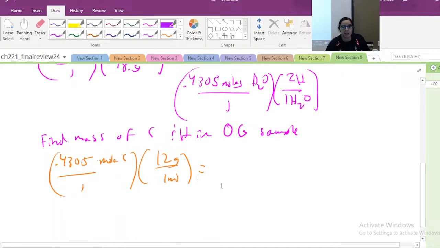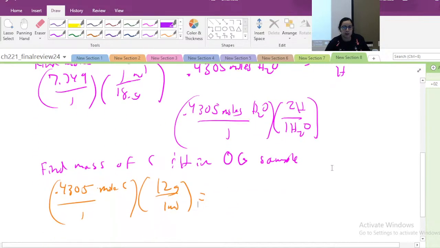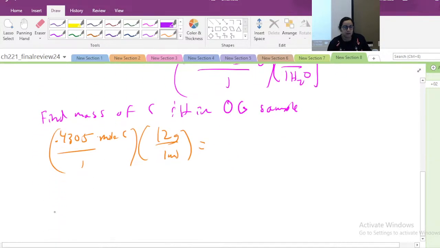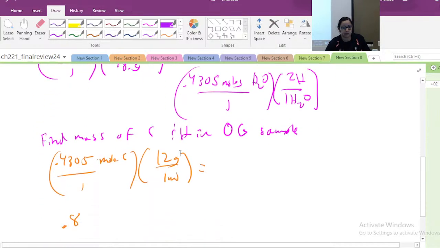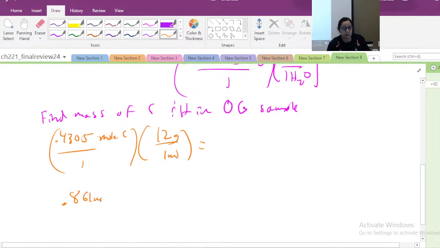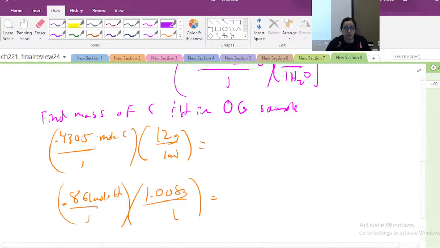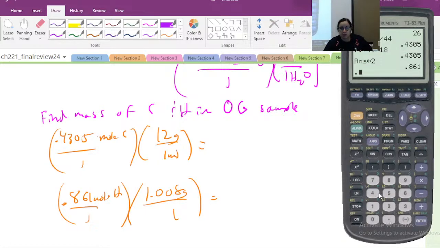Then we want to repeat that for hydrogen, so 0.861 moles, multiplied by 1 for hydrogen. So let's see where we're at: 0.4305 times 12 plus this times 1 essentially.